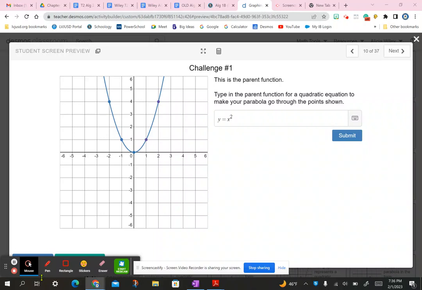Hello, everybody. Today I'm going to talk about transformations of quadratic functions in vertex form. Yesterday, you went through this Desmos activity, and one of the things that it discussed was the parent function, which is this equation here and this graph here.